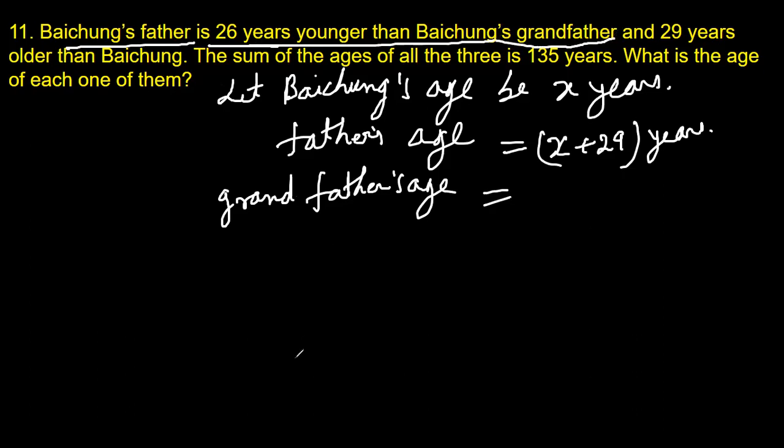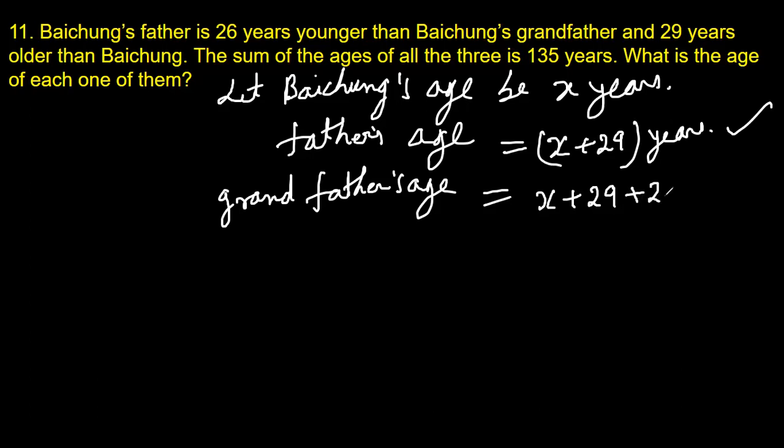Does it mean that grandfather is 26 years older than father? Of course. If father is 26 years younger than grandfather, then the grandfather is 26 years older than father. Obvious? So whatever is the age of father, we are going to add 26 to this. That gives us the age of grandfather.